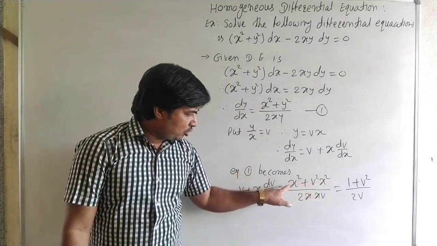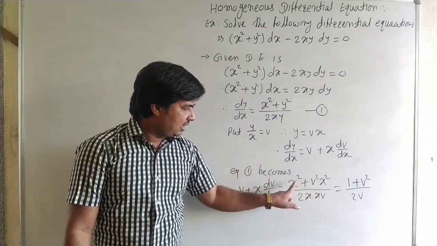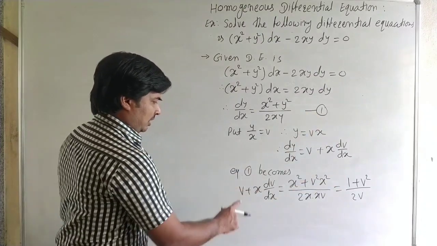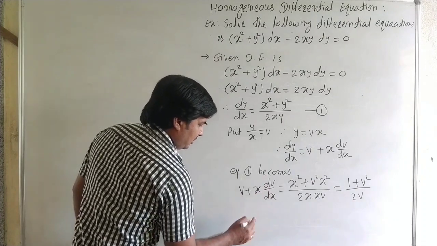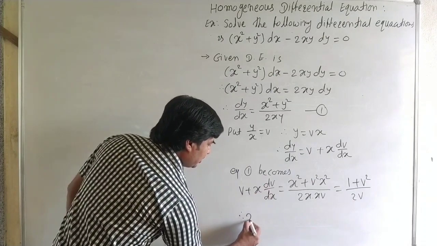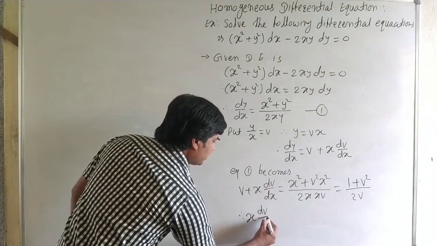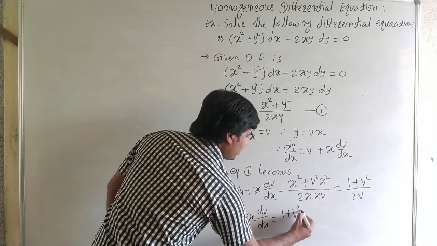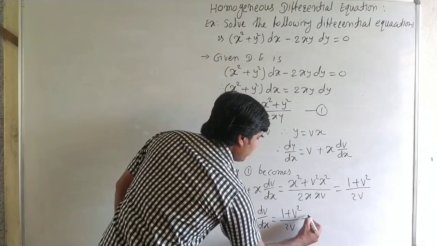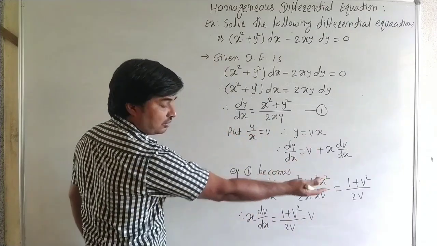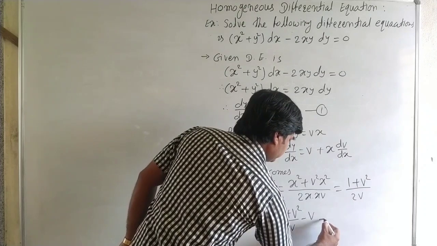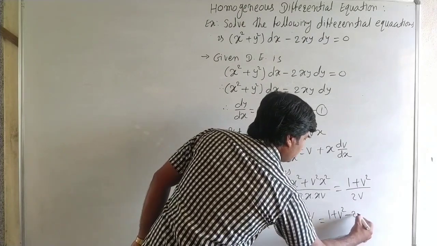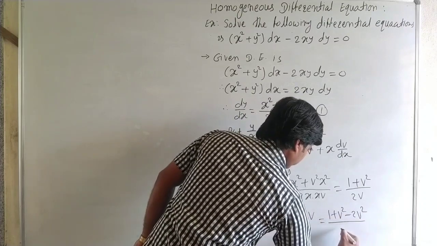X square is taken common and it gets cancelled, leaving only 1 plus v square upon 2v. Now v plus x dv by dx, this can be written as x into dv by dx is equal to 1 plus v square upon 2v minus v. This v we can write here, and therefore it is 1 plus v square minus 2v square upon 2v.